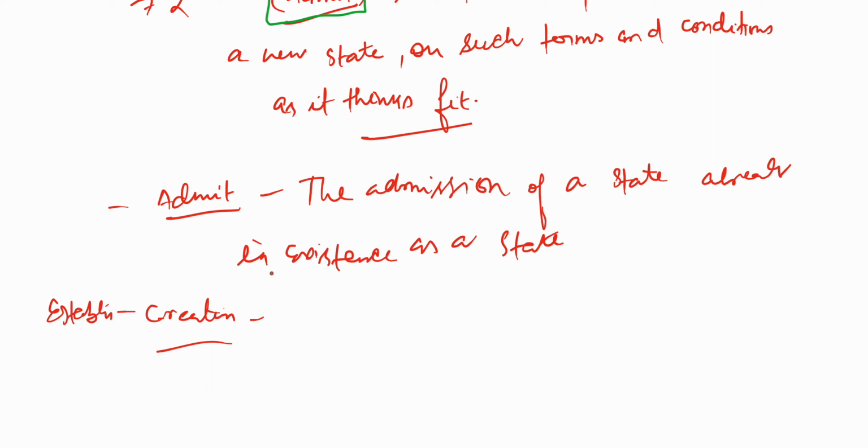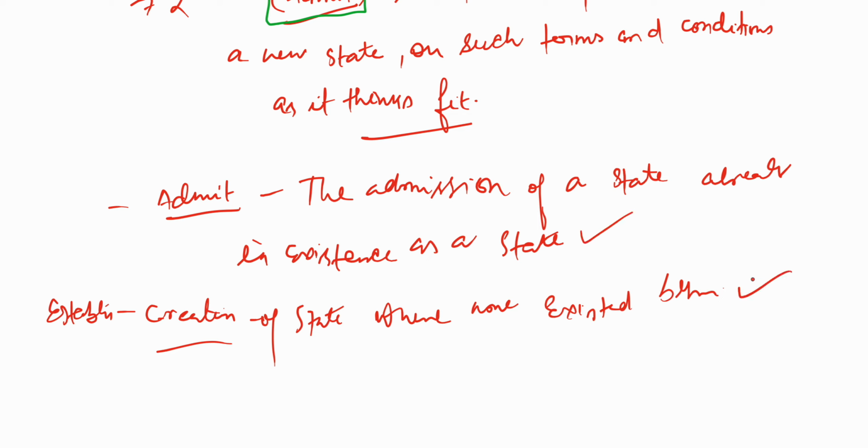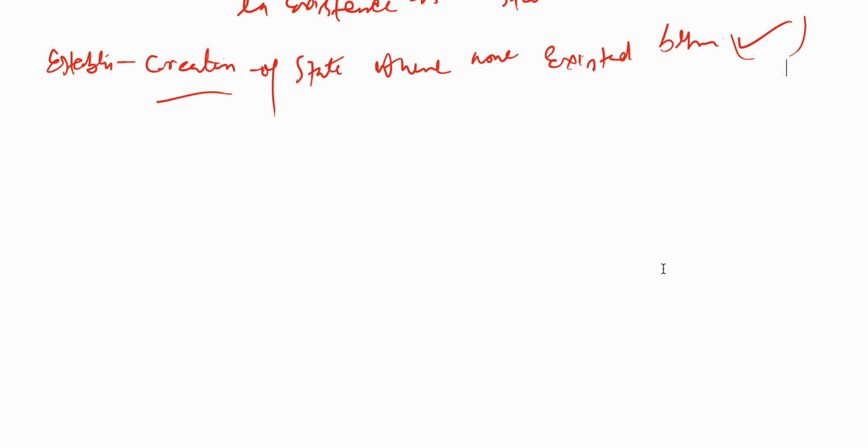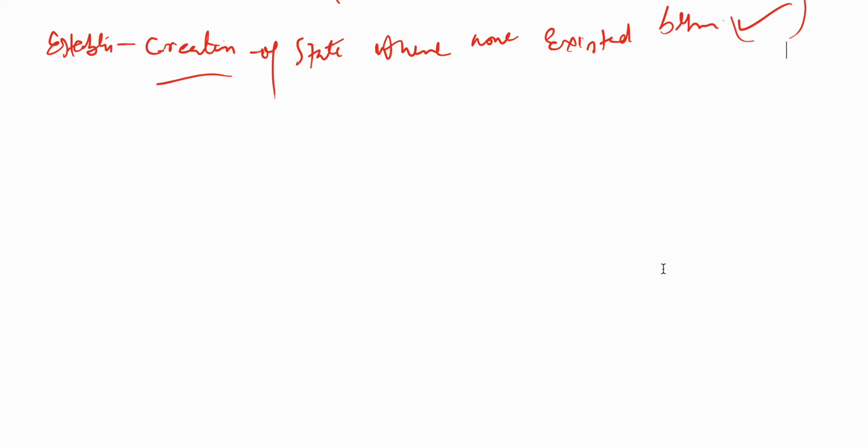The term establish refers to the creation of a state where none existed before. Two cases are possible. One case, a state already existing. Second thing, it does not exist but it will be created. I'll tell you more detail. It will make the picture clear.